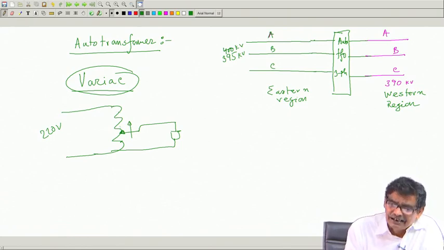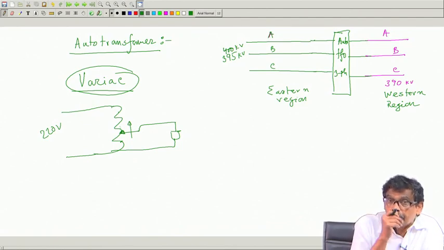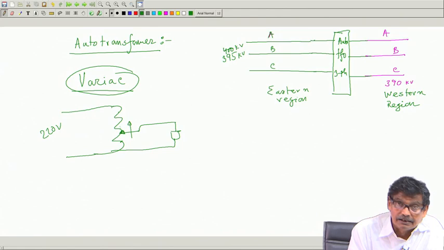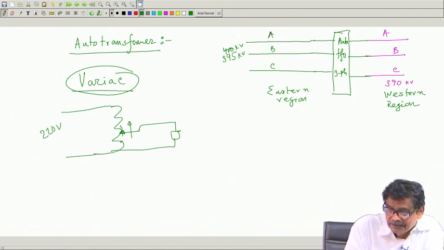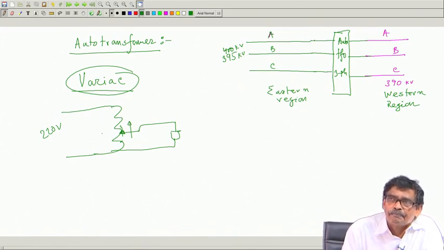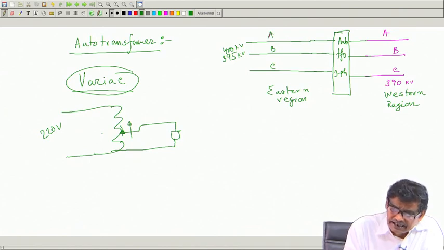A variac is strictly not an auto transformer in the sense that we design the auto transformer to get some economic advantage. Here there is nothing like that. You should be prepared. So, the gauge of the wire here throughout is fixed. You must understand this distinction in a variac, a laboratory equipment.